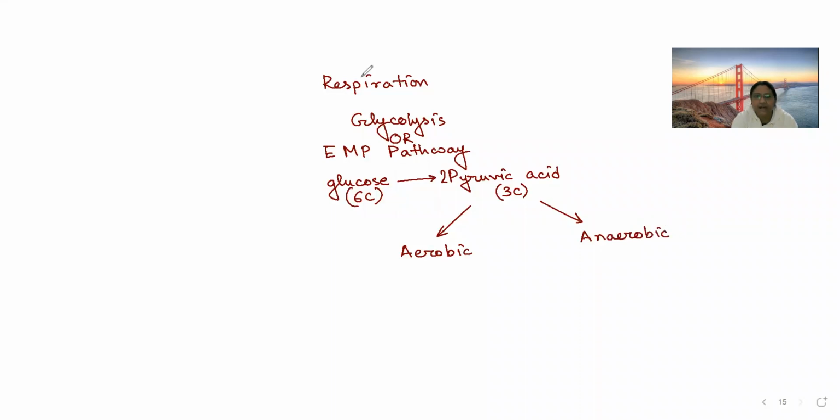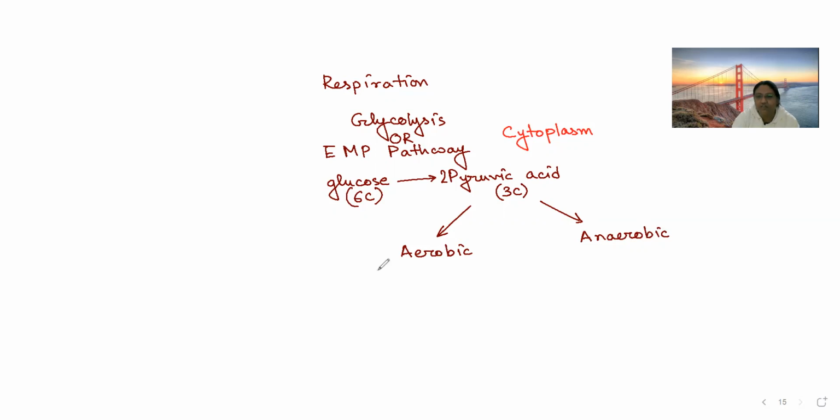Okay, that is why the location of glycolysis is cytoplasm, because in case of lower organisms, many of them do not have mitochondria. So remember, the first step of respiration, which is common between aerobic, anaerobic, fermentation everywhere, all of them are having a common start point, that is called glycolysis.